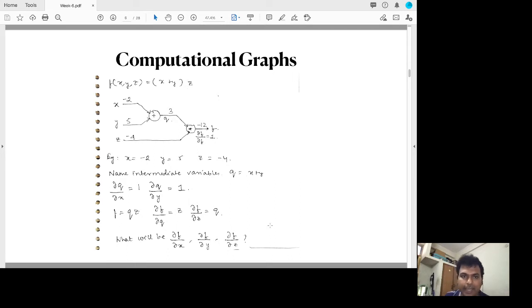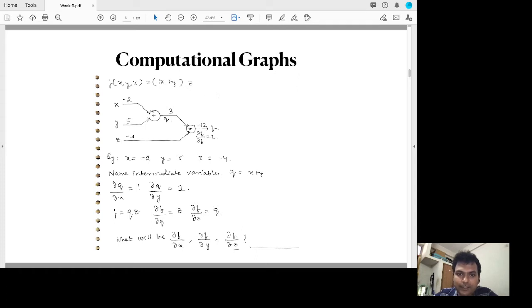No? See, dou f dou x. Okay. Why will it be yz again? Yz will be constants and x will be varying. No, yz will be constant and x will be varying, that is right, but you need to look at how f is defined, right? f is defined as x plus y into z, and you are changing only x, y and z are constant.